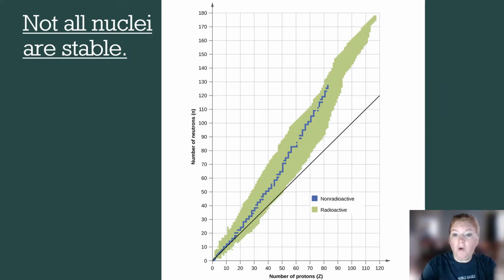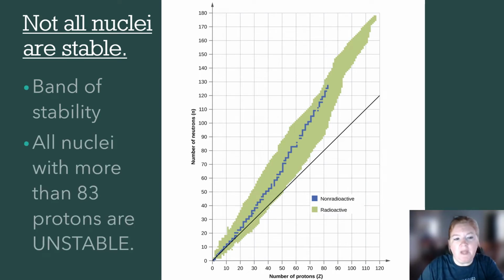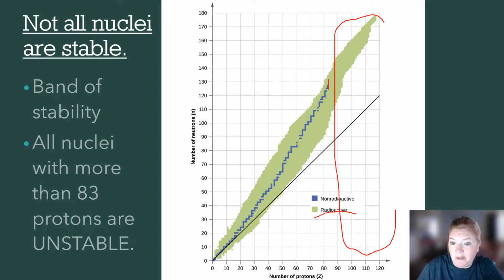Now, not all isotopes, not all nuclides, not all nuclei are stable. And this is something that you should recognize. It is the band of stability. So all nuclei with more than 83 protons are unstable. Okay, so if we look right here, 83, which is right here, everything over here, all of this is unstable, radioactive.